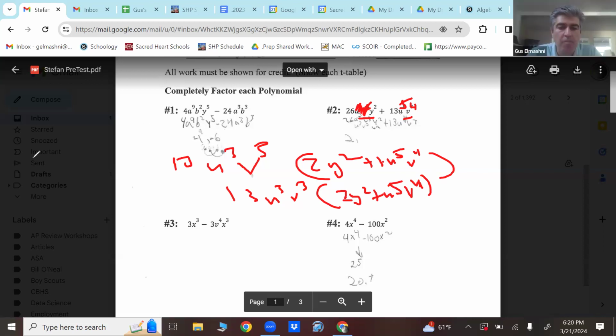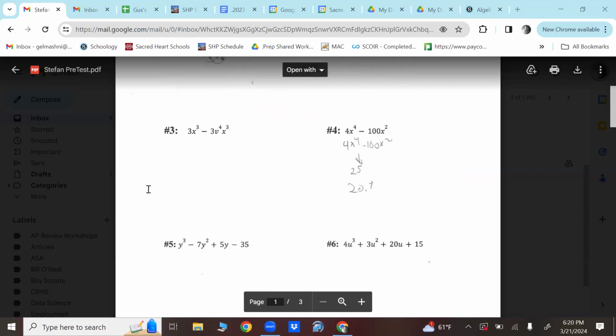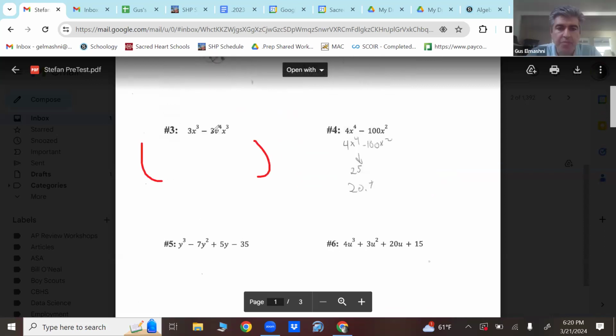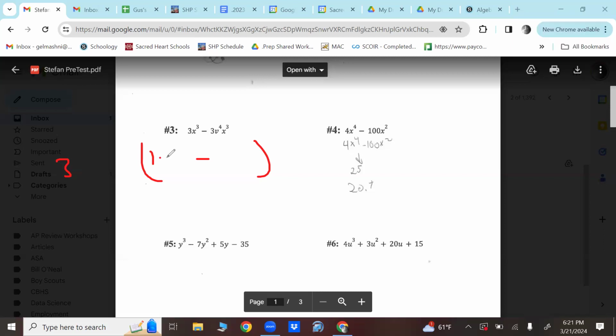Let's do it again. Okay, a minus in the middle. Let's focus on the numbers 3 and 3. What's the greatest common factor of 3 and 3? 3. Good. You pull it out, so 1 and 1. Now X3 and X3.